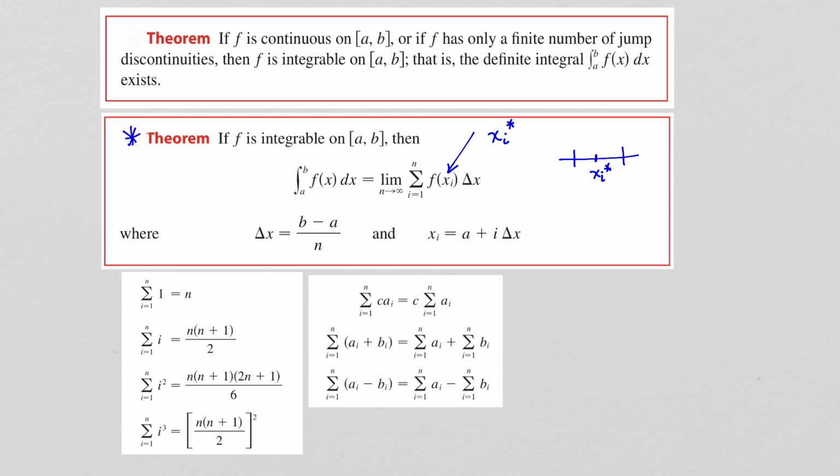But in that same interval, x_i would be the right endpoint and x_{i-1} would be the left endpoint. So when you see the notation x_i, that refers to the right endpoint. So this theorem is going to give you a way to actually calculate a definite integral by using the right endpoint.